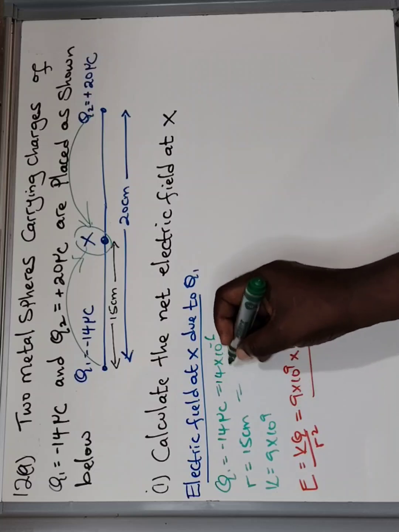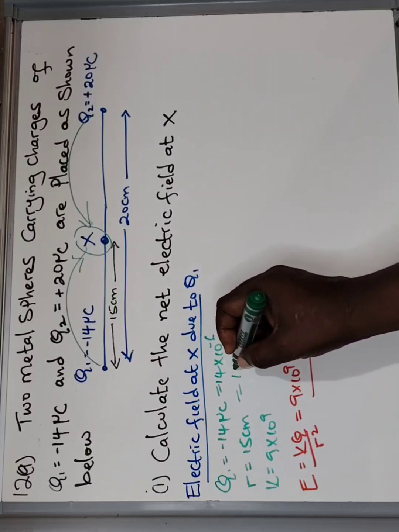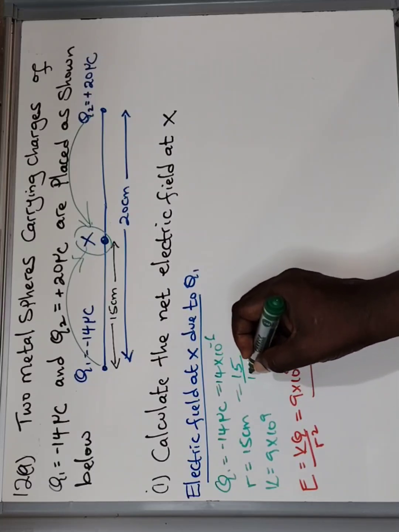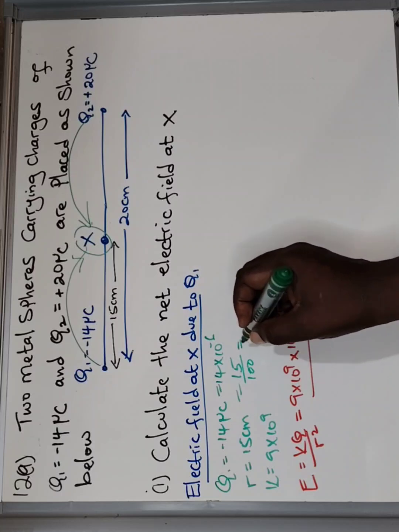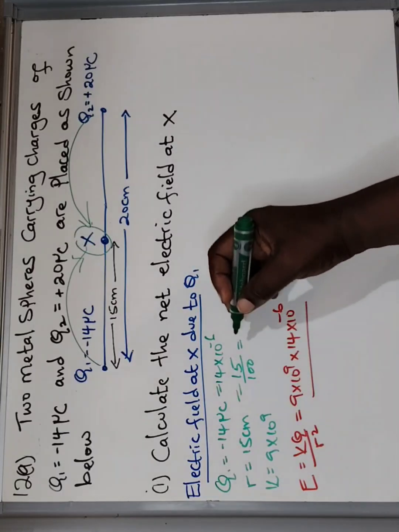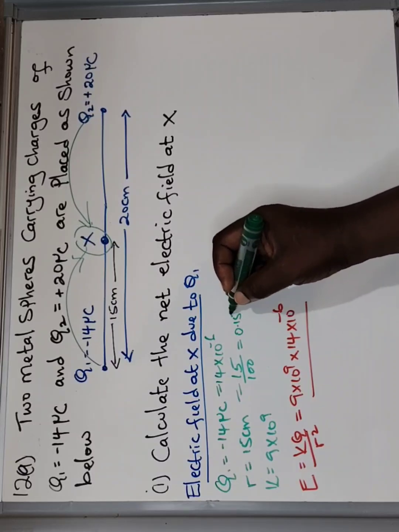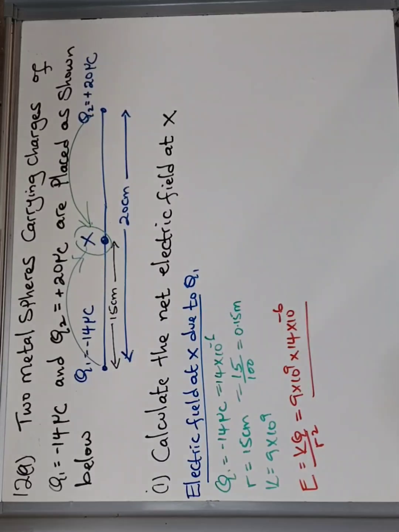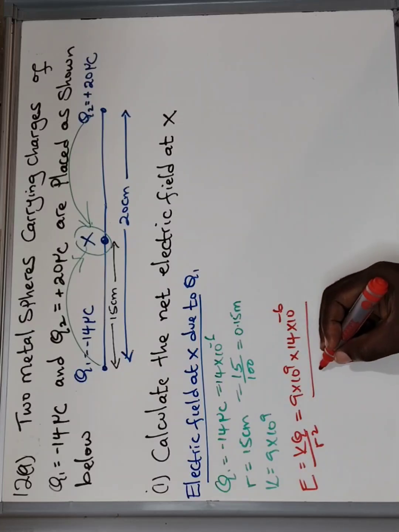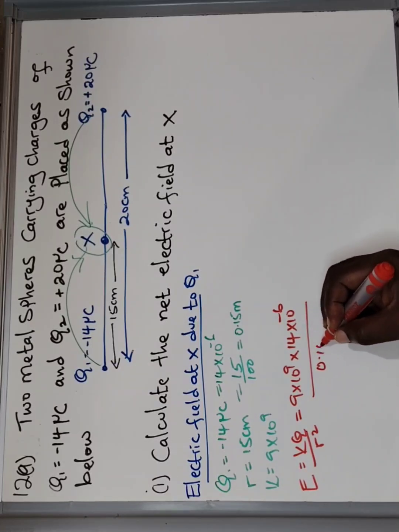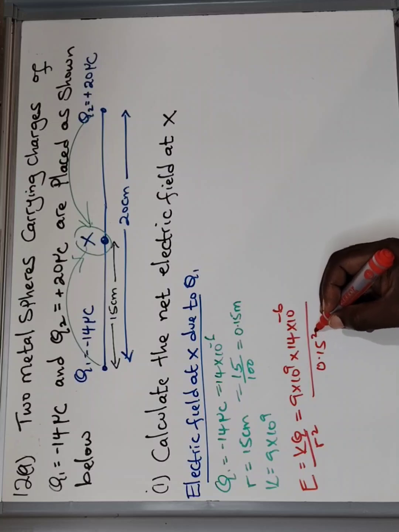And also this one was supposed to be changed to meters, so it's 15 divided by 100, and the answer is 0.15 meters. So we know the distance is 0.15 squared.